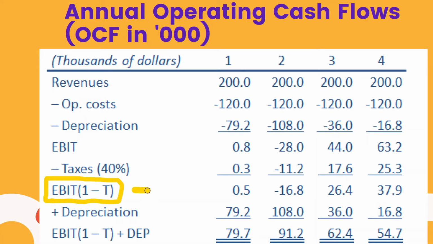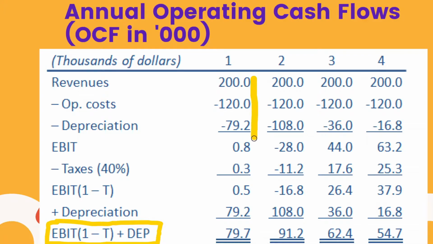Then we add back non-cash expense, which is depreciation. To obtain the operating cash flows, net operating profit after tax, add back depreciation. And we do this every year to obtain annual operating cash flows for the projects.